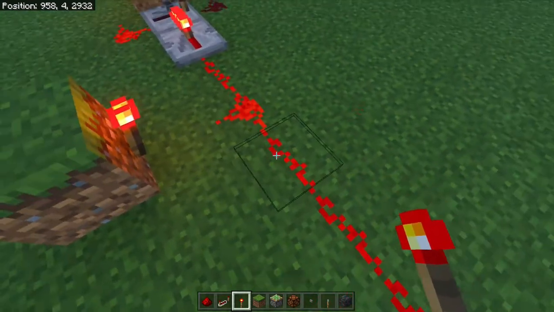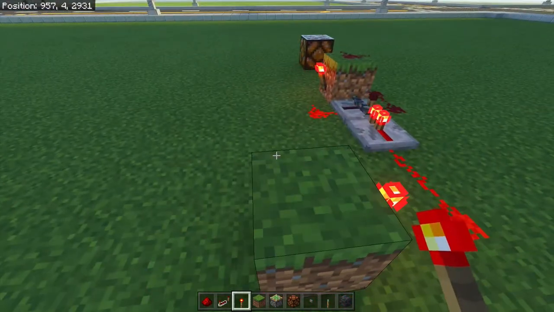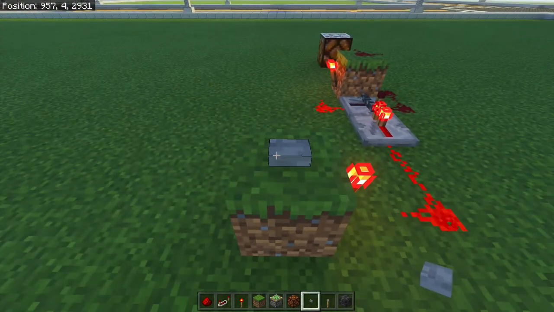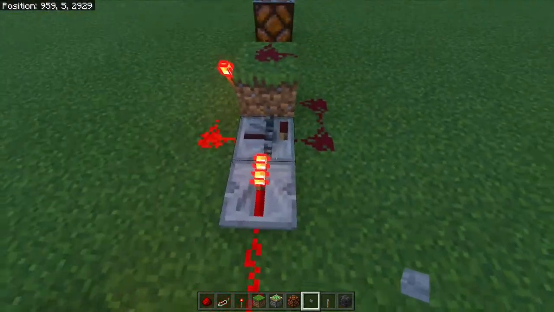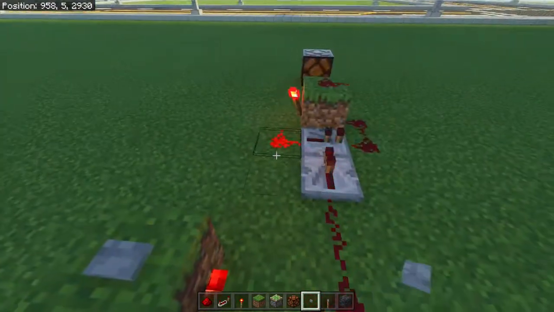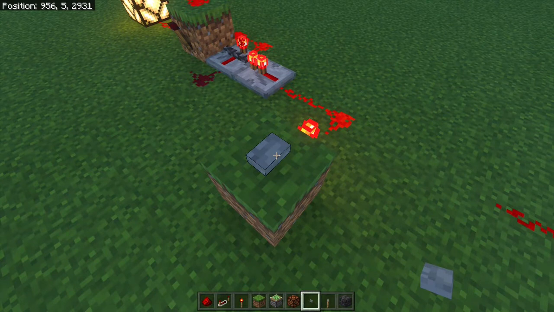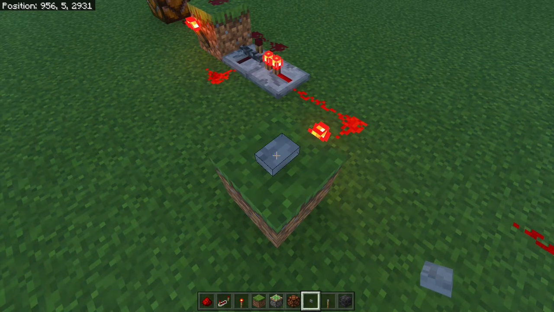Now I'm going to go ahead and break some of this other connection. And if I have a button that basically turns off the repeater that locks the other repeater, you'll see that it'll start moving again, and then it'll freeze again when the button turns off. The button sets a signal for a certain number of ticks, and it's actually, I think, different between stone buttons and wooden buttons.